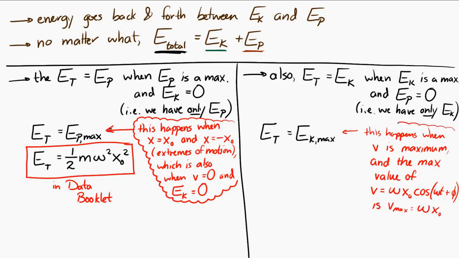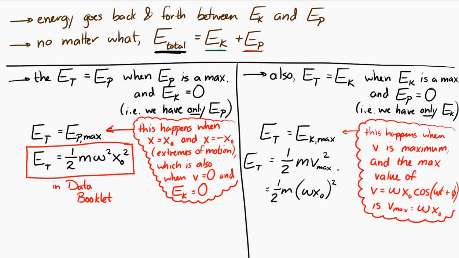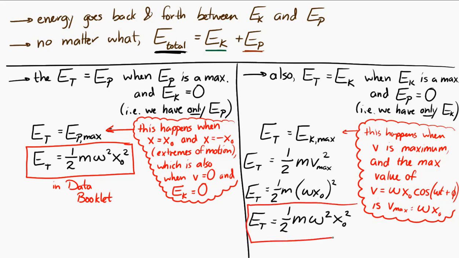So let's plug that value in. That's the maximum value that v can have. So then we have 1/2 m times the quantity omega x naught, squared. And so we get that the greatest amount of kinetic energy it can have, which is the total energy, is equal to 1/2 m omega squared x naught squared. The same thing that we had before. And that equation for the total energy is in your data booklet.